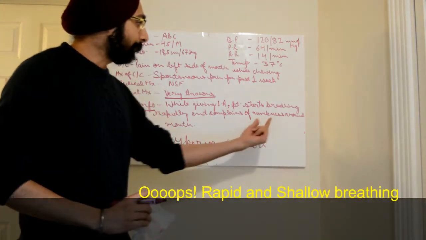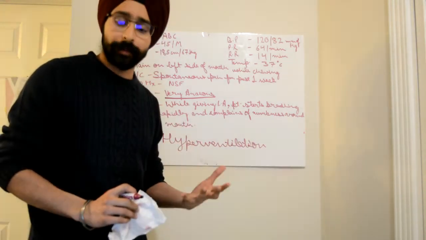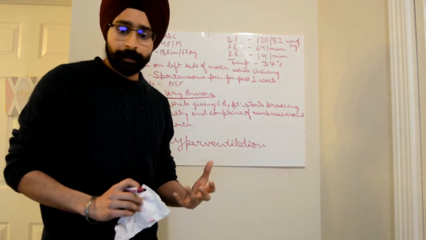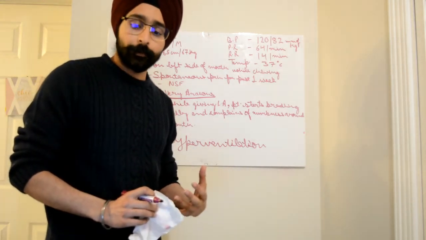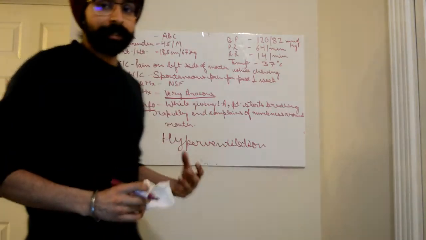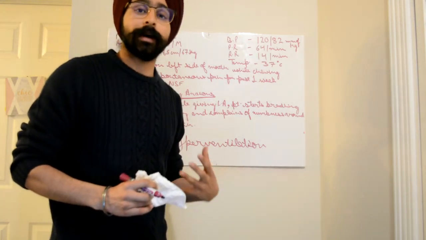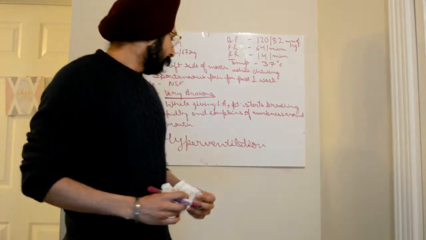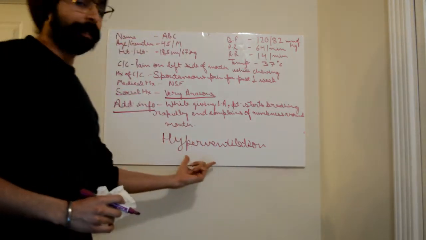Second is patient feels numbness around mouth or in his extremities. Then there can be muscle cramps as well. Patient might be feeling very anxious or nervous. Then patient can also say that I feel my heartbeat is getting very fast or my heart is pounding. These are the signs and symptoms of hyperventilation.